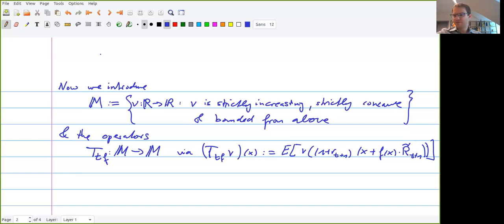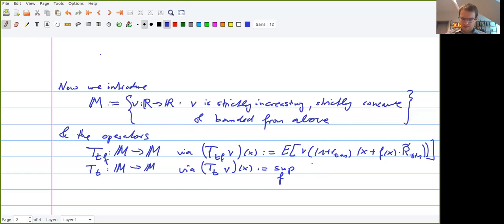And now the second operator corresponds to the JT. Here it does not depend on a specific decision rule anymore, because we take the supremum of all decision rules, and then we want to maximize this expected value.